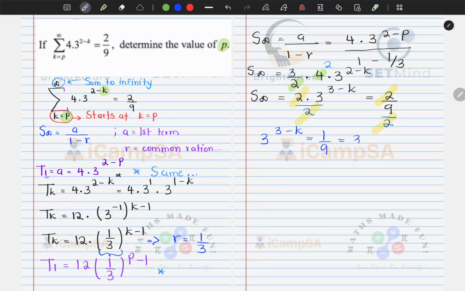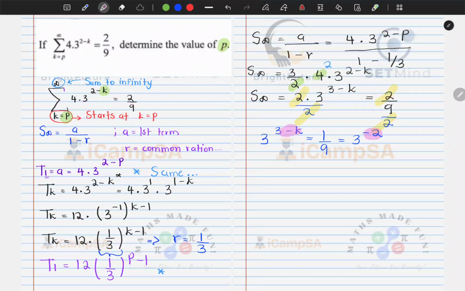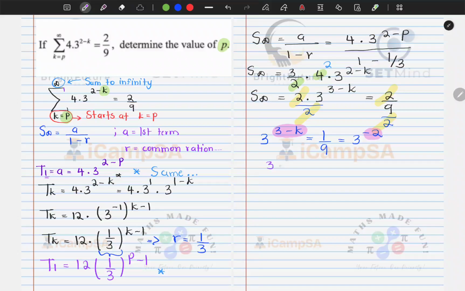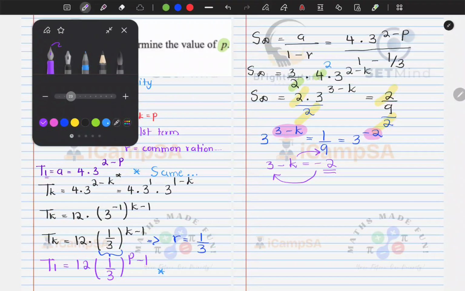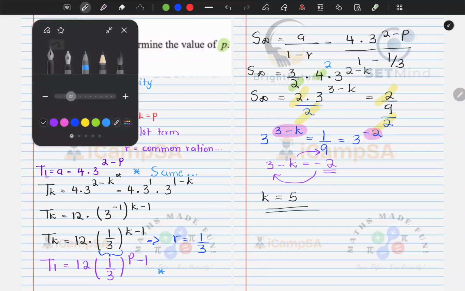And 1 over 9 can be written as 3 to the power of minus 2. Once the bases are the same, when dealing with exponents and powers, we just equate the powers. So we'll have 3 minus p equaling minus 2. Transposing the minus 2 and the p, you'll find the value as 5.